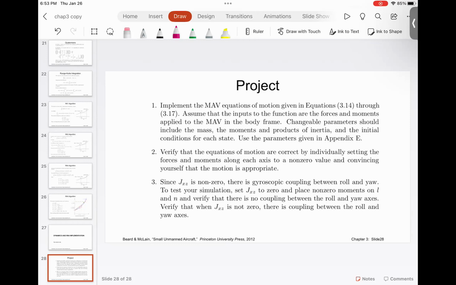But at the end of the day, the dynamics is the same. No matter what you do on those control surfaces, they are going to generate Fx, Fy, Fz, L, M, and N. Those three forces and three moments get applied to the equations of motion.